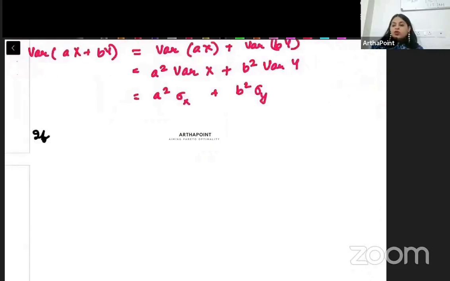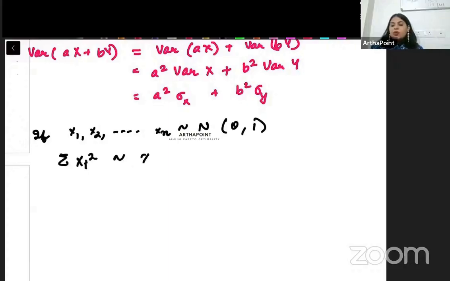If you have x1, x2 till xn, and these are normally distributed with mean 0 and variance 1, then summation xi square should be chi-square distributed with degrees of freedom n, right?